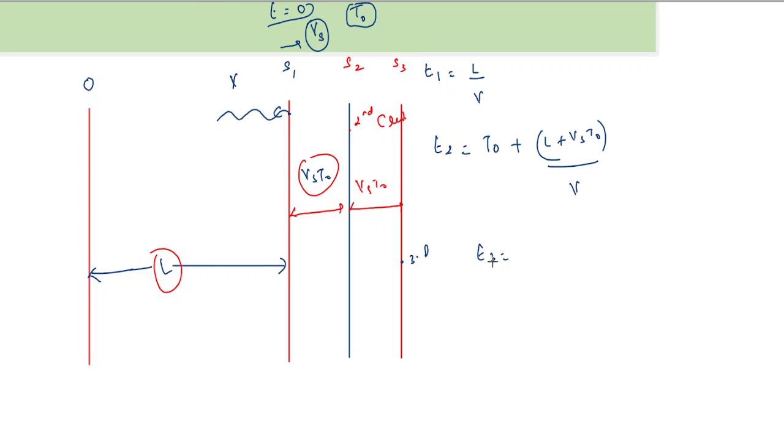So time t3 is the time taken for the third crest to reach. It will be 2t0, because t1 or t2 or t3 is from t is 0 reference only. It becomes 2t0 plus the distance, which is now L plus 2 times Vs into t0. This is the distance. We want time, so divide by speed to give us time.